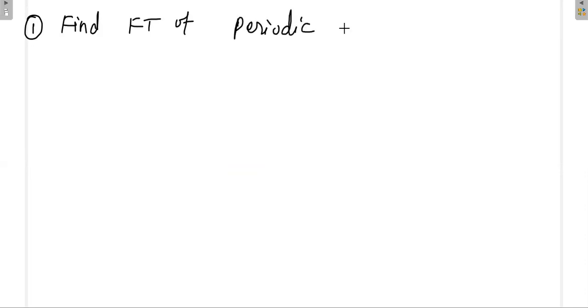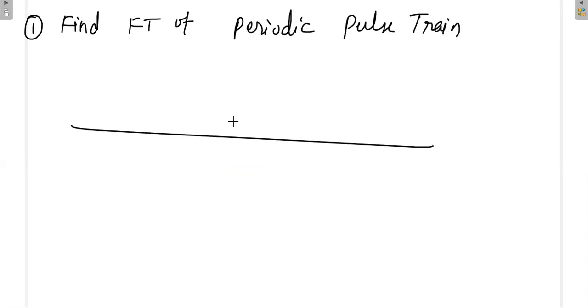Next we'll solve one problem based on the periodic signal. Find the Fourier transform of a periodic pulse train. This is the rectangular pulse.